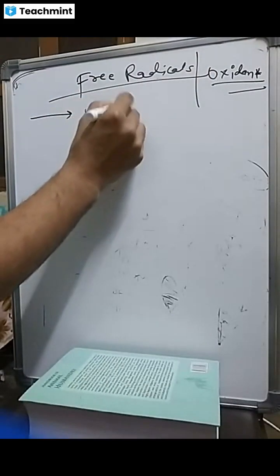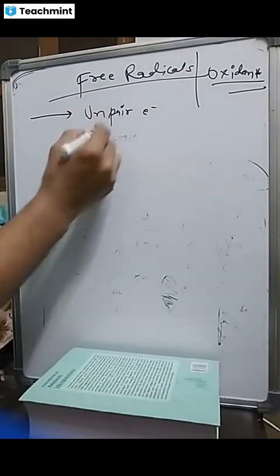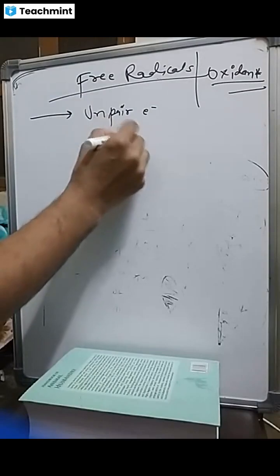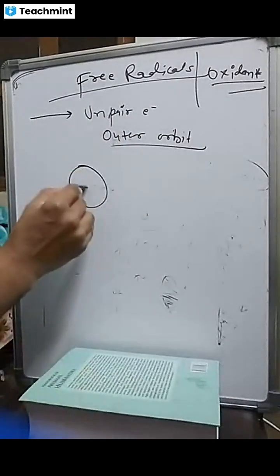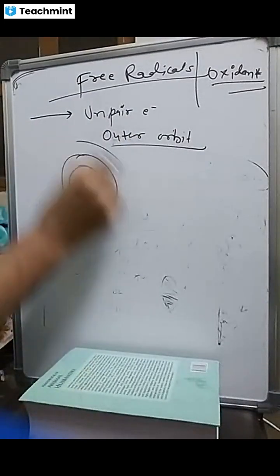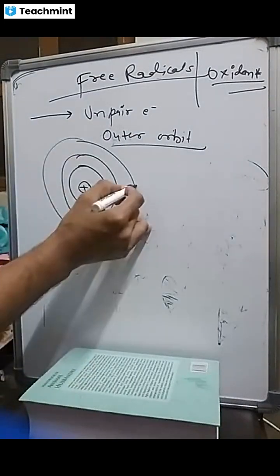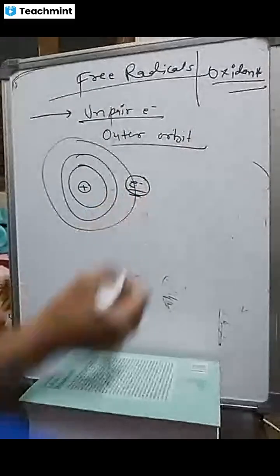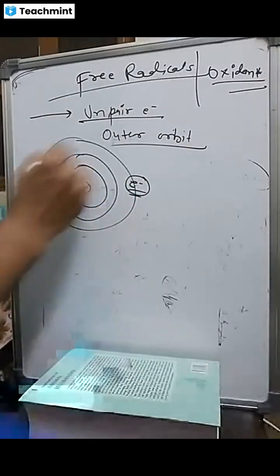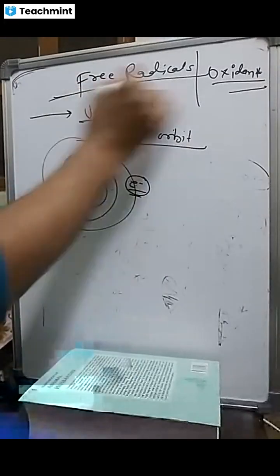Free radicals have an unpaired electron in the outer orbit. If this is one atom and this is the outer orbit, there is one unpaired electron. Such chemical species are called free radicals or oxidants.